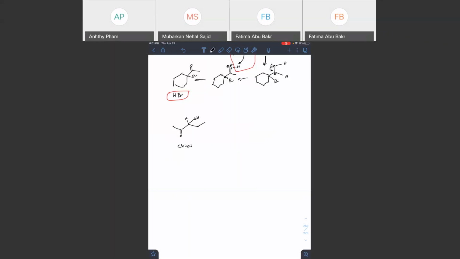So when you do this, and obviously this is the more favored product, but for the less favored product, which is the enol, we have a double bond here and an OH here, and then also an OH here. So it says that in this case it's going to be achiral and racemic.